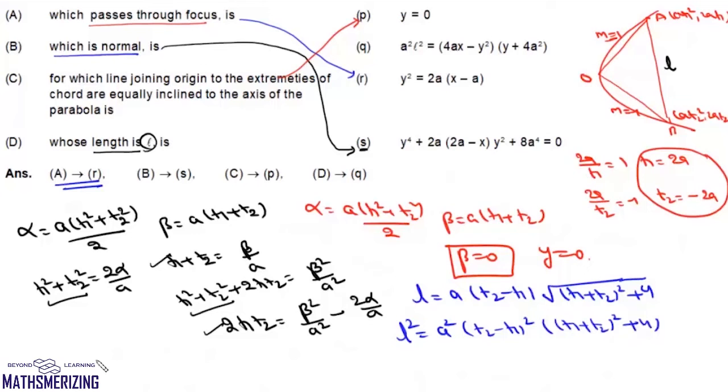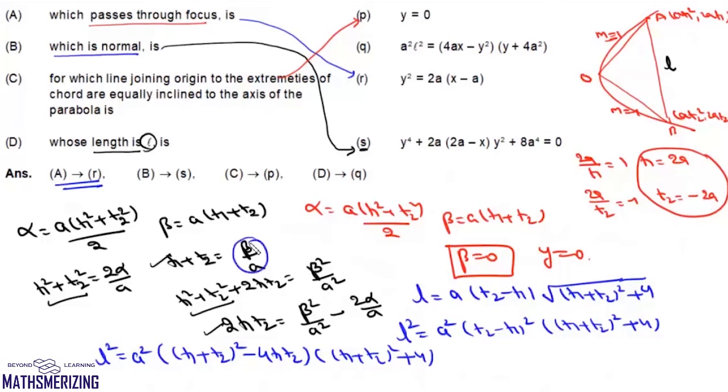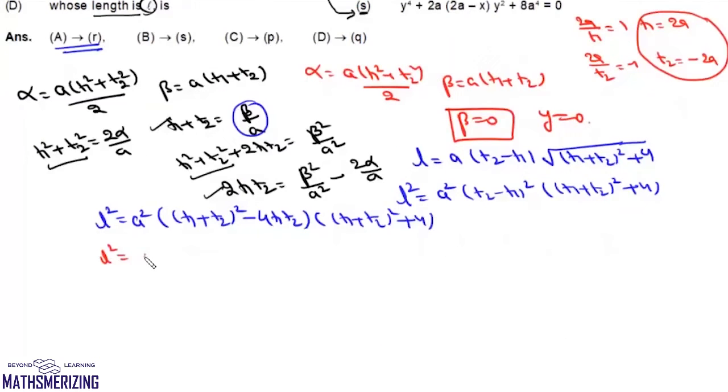So we can write this equation as L square is equal to a square. Now t1 minus t2 whole square, we can write t1 plus t2 whole square minus 4 t1 t2, and here it will be t1 plus t2 whole square plus 4. t1 plus t2 is nothing but beta upon a. So we can write this equation as L square equals a square, and now t1 plus t2 will be beta upon a.